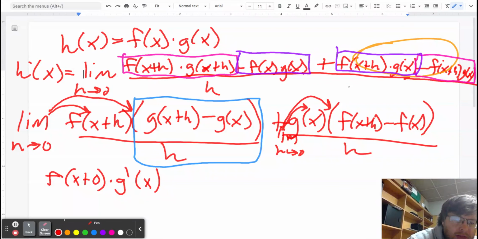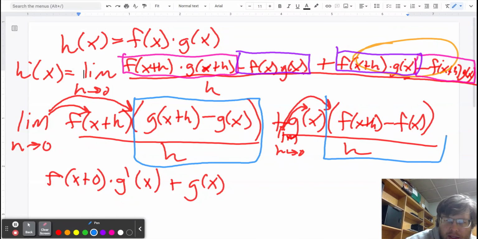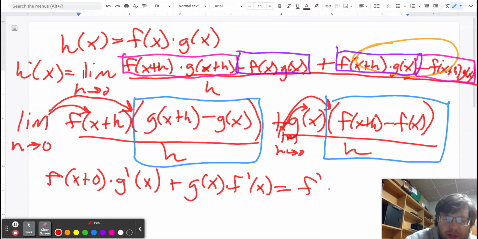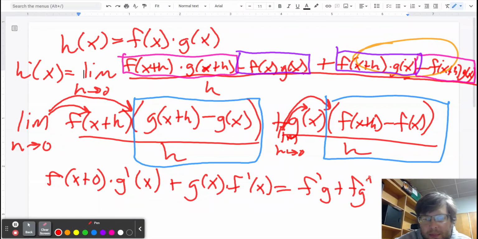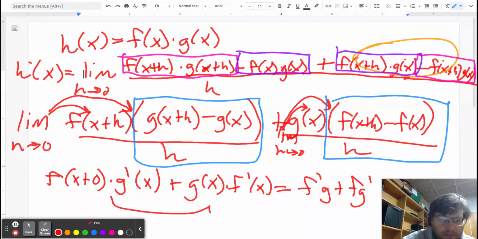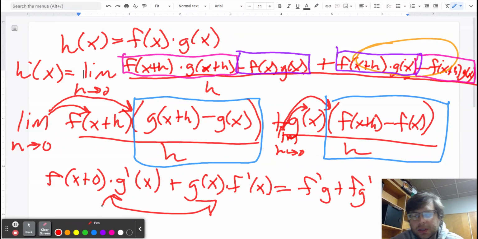And then plus g of x, because there's no h involved there, times, same sort of idea here, f prime of x. And that's the common product rule that we normally see, where sometimes people abbreviate it f prime g plus f g prime, just if you flip-flop the order of those two terms.